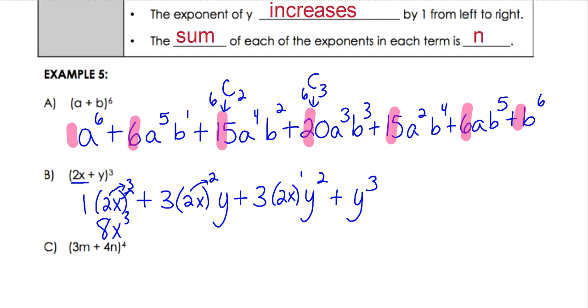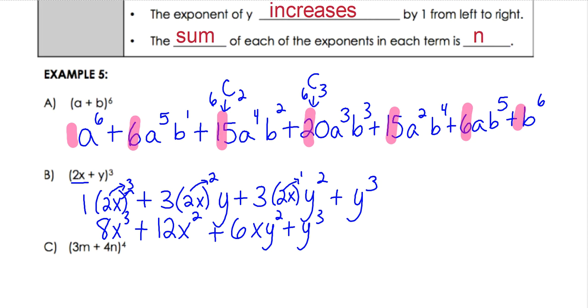So that's 4 times the 3 that was already out there. That's 12x squared. And then our 3rd term here, 2 to the 1st power is just 2. So 2 times the 3 that's out front, that's 6xy squared. And then we just have the y cubed.